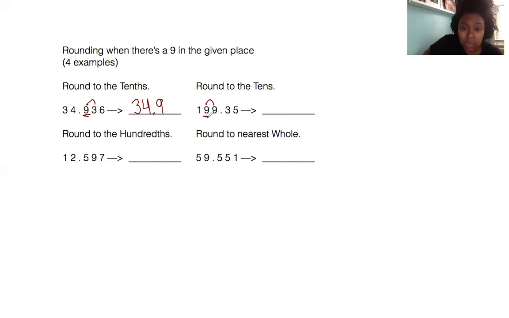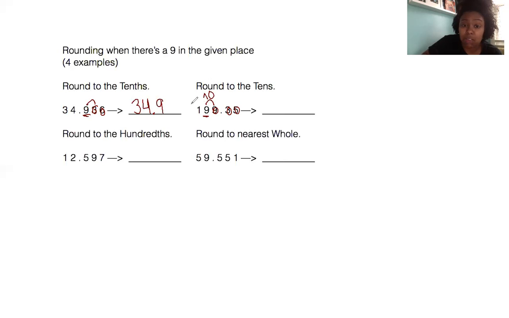So that actually means that that 9 is going to turn into 10. But 10 can't fit in there, okay, because everything else becomes 0, 0, 0. What happened over here? That was a 0, and a 0. Right? Everything else becomes a 0, but that 9 became 10.